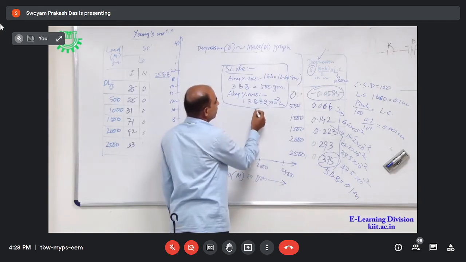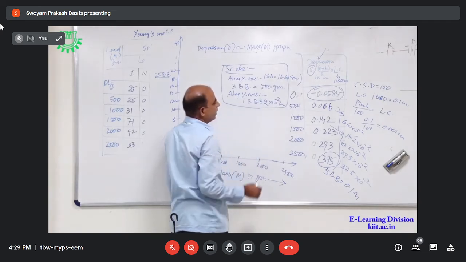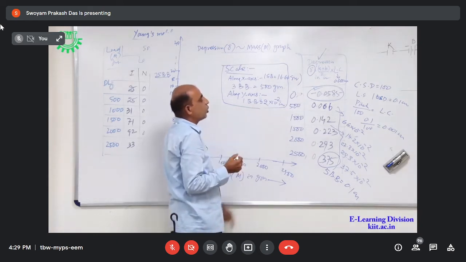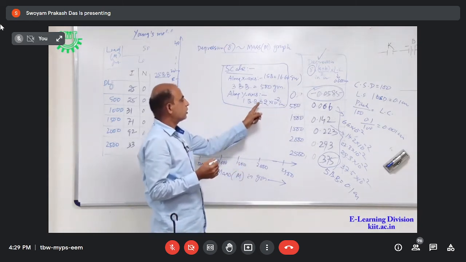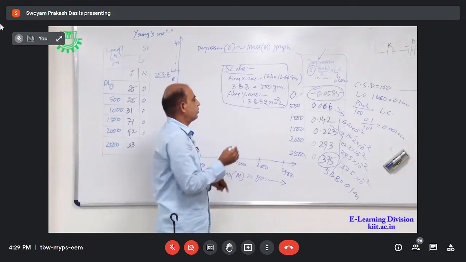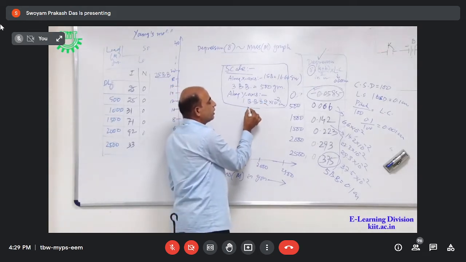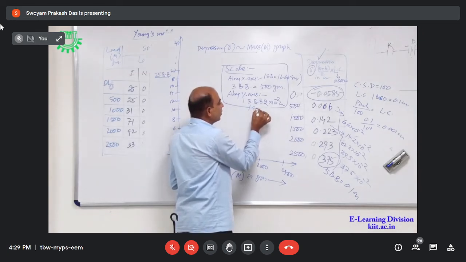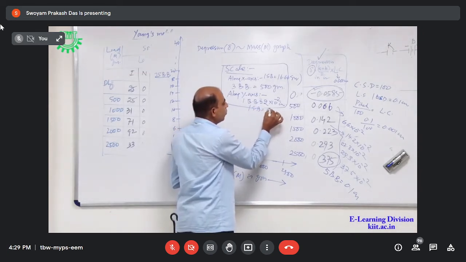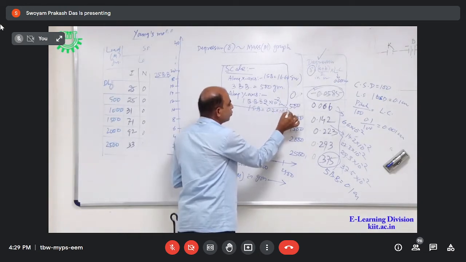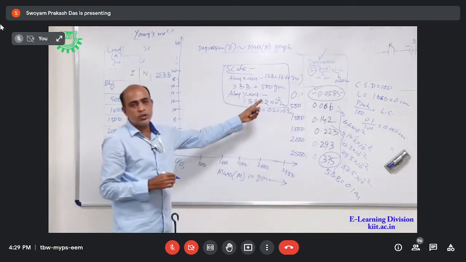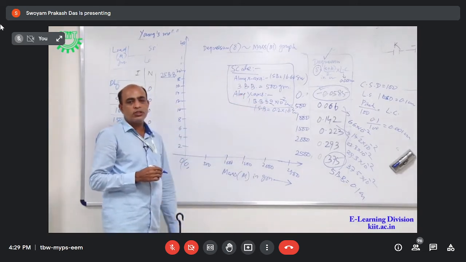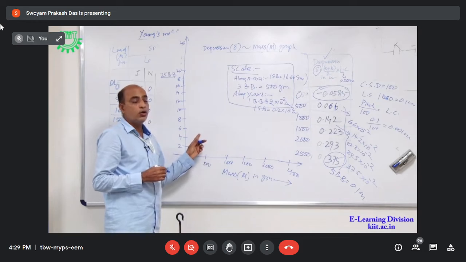And similarly, dividing by 10, one small box is 2 by 10, because one big box has 10 small divisions. So one small division becomes 0.2 into 10 to the power minus 2 cm. Clearly it is to be mentioned in the scale. Unless we mention the scale, the graph comes out incorrect.